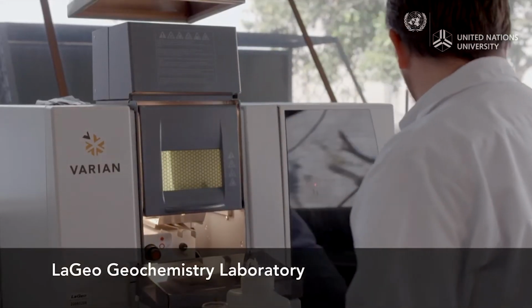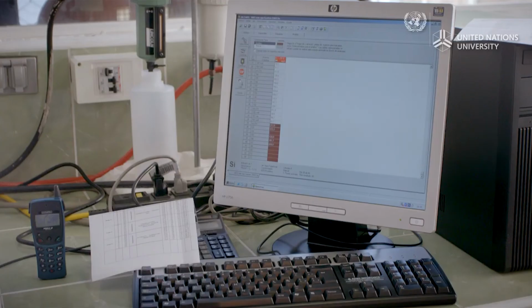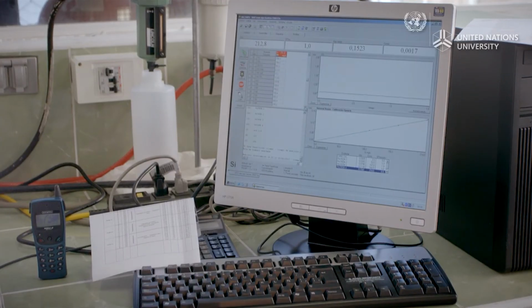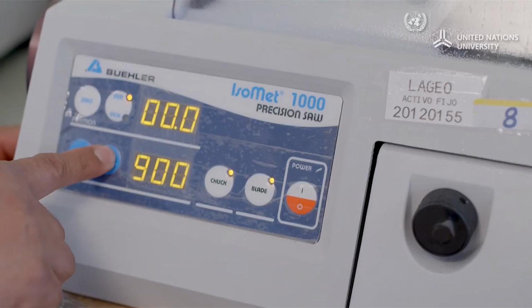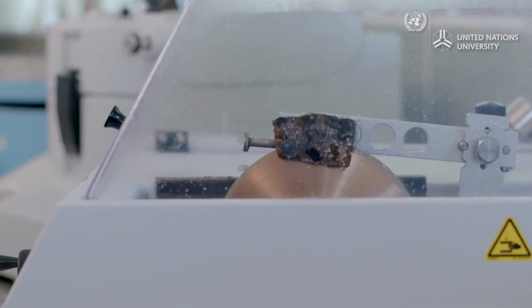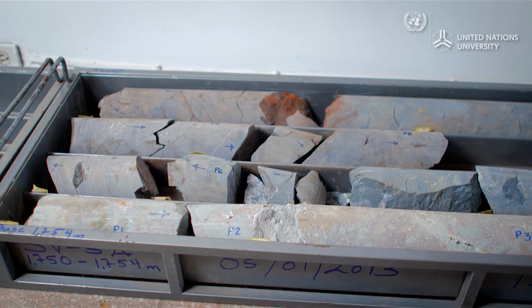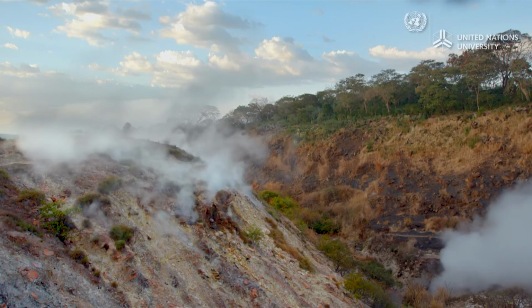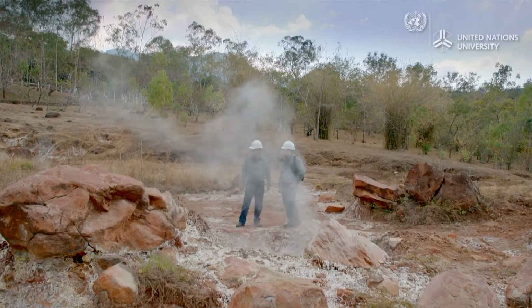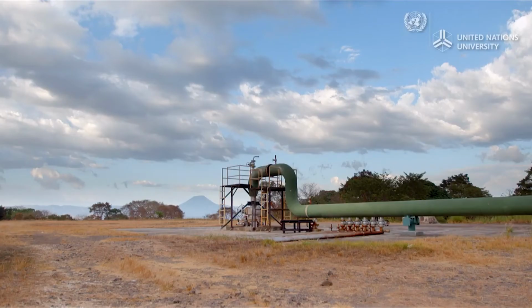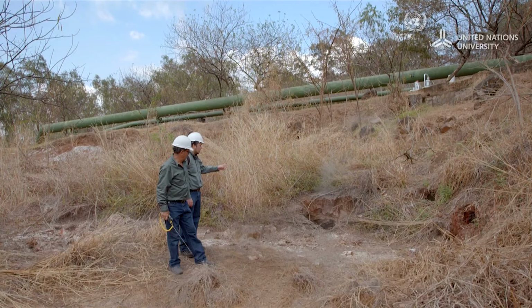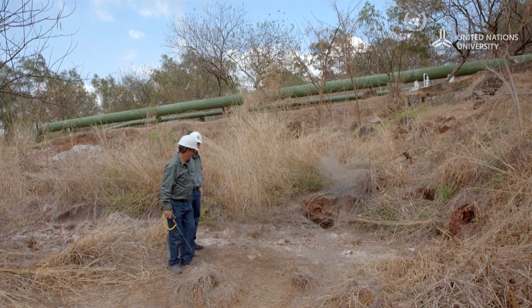It is one of the most advanced geothermal energy labs in Latin America. Just like Edwin analyzes the chemistry of the thermal fluids, other scientists analyze rocks and minerals contained in the core samples they obtain while drilling. Based on the findings from Edwin and his team, important decisions are made about exploring new reservoirs, drilling expensive new wells, and regulating the extraction of steam.